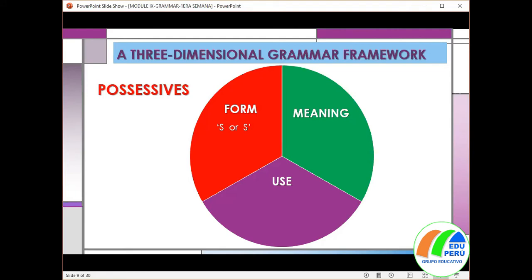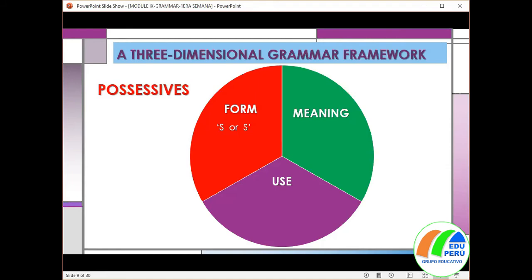Notice we have these two variants, the apostrophe s or just the apostrophe. So notice here how you make this. This is related to the graphemes, and it's according to different rules, different patterns.